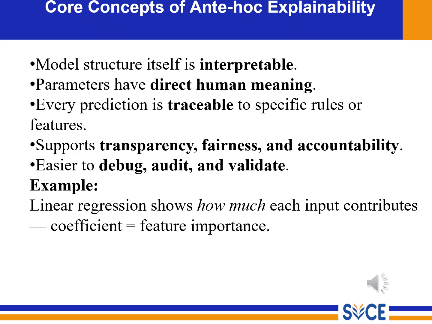That is why these models support fairness and accountability. Students, if something goes wrong, can we debug easily? Yes, exactly. Have you understood the point? For example, linear regression shows how much each input contributes.